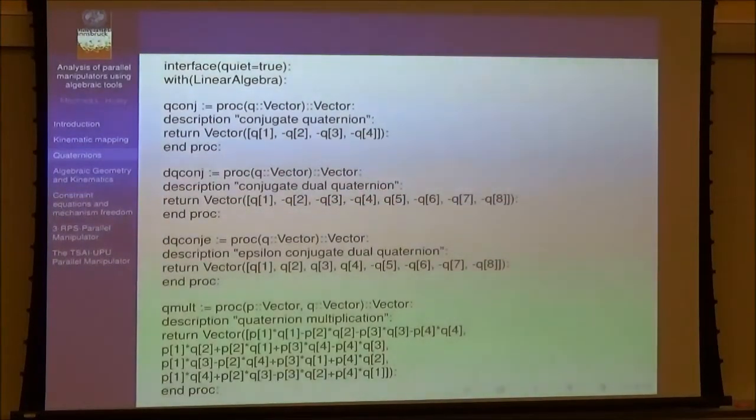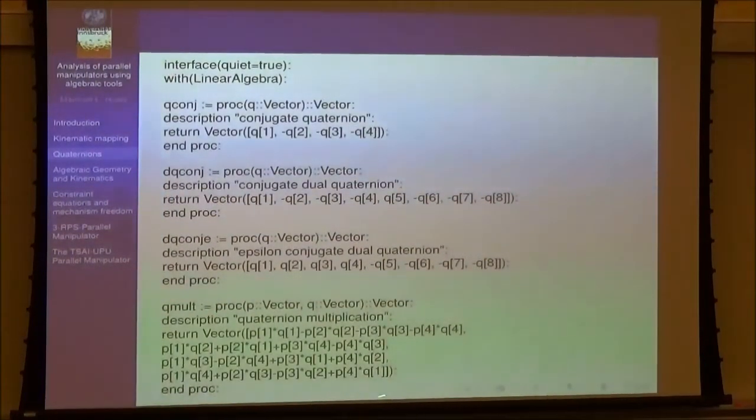This is these three entries. And you have the quaternion multiplication, essentially in a procedure where you find this multiplication. I will provide everything, and you will have it on your web page, and you can download this little package. The package contains a number of procedures you can use in Maple, also including the embedding of Plücker line vectors into the quaternion realm. That's also something that is very interesting.